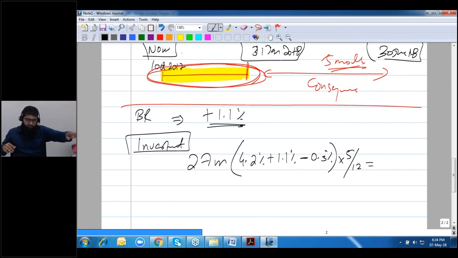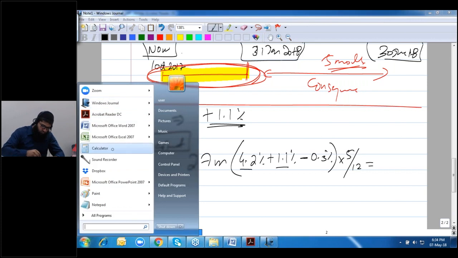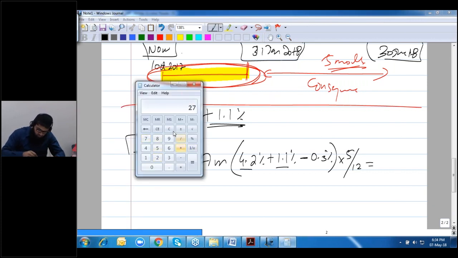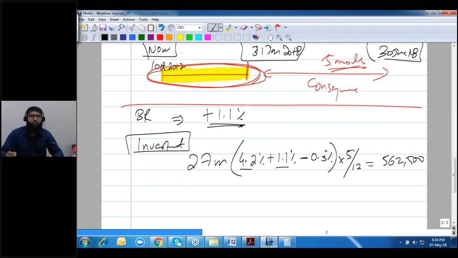Okay, can somebody please give the answer? 27 million multiplied by 4.2%, which is the base rate, plus 1.1% the increase, minus 0.3% the deduction that you have to bear. 562,500. So this is actually 562,500. Now what next?